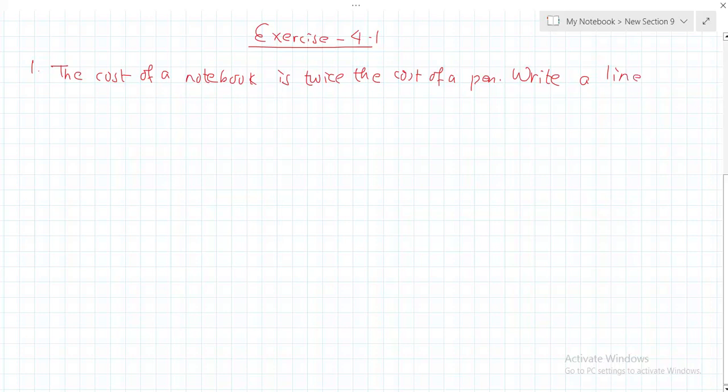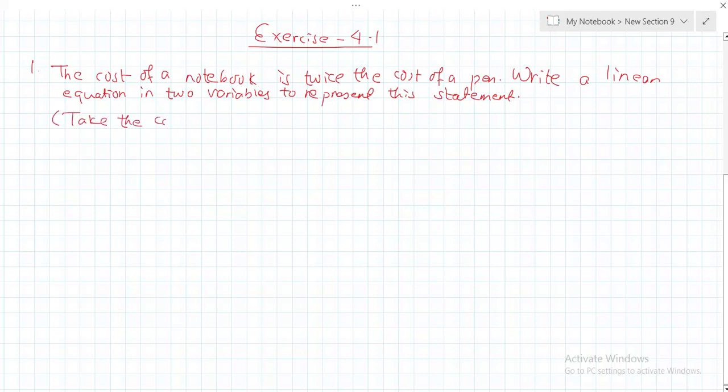Write a linear equation in two variables to represent this statement. Take the cost of a notebook to be rupees x and that of a pen to be rupees y.